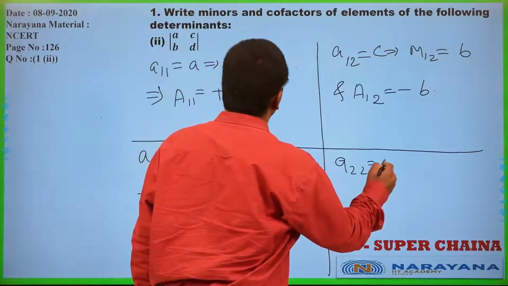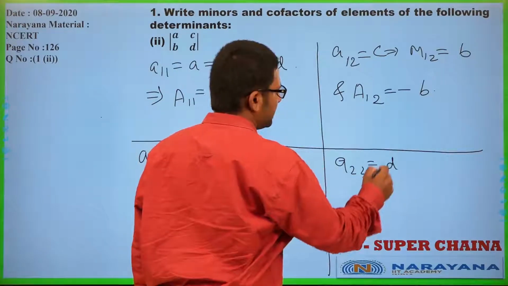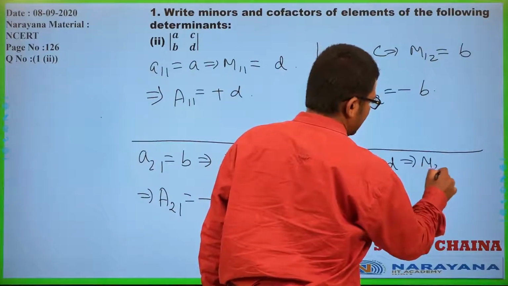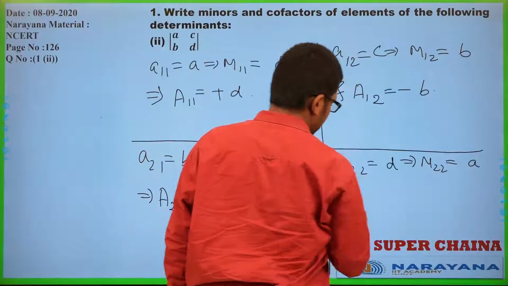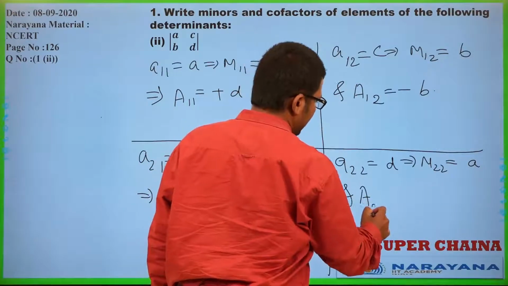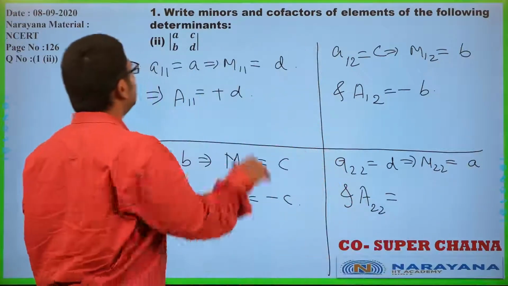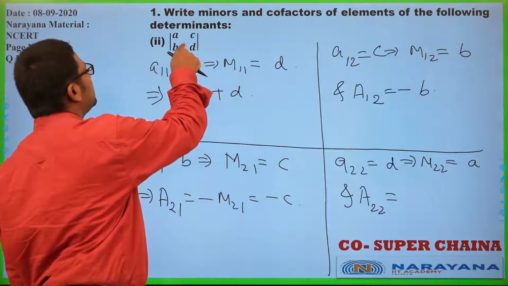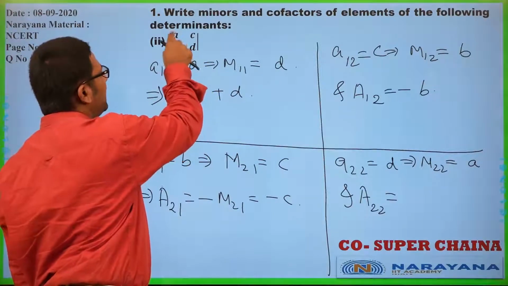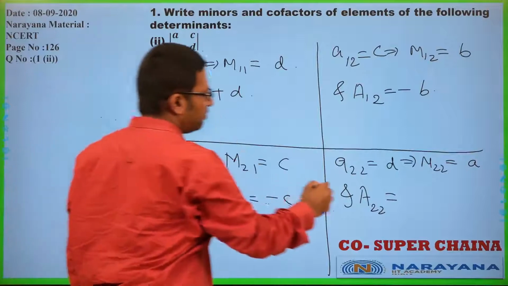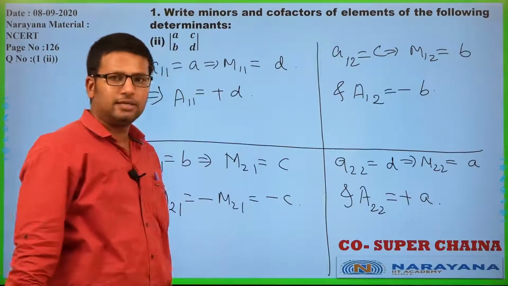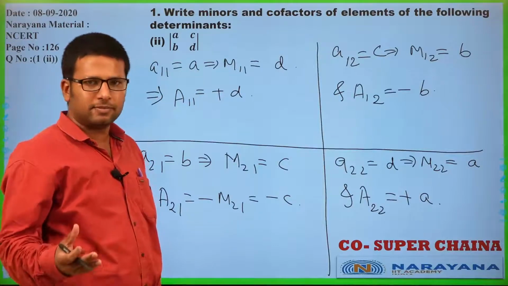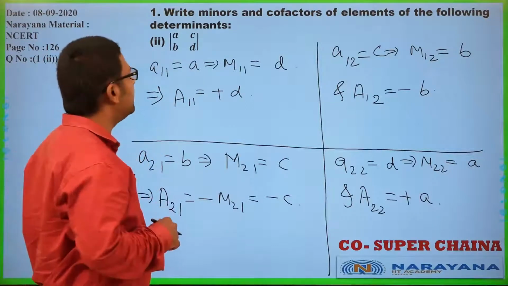A22 is the element D, therefore M22, opposite to D, is A, and capital A22, the cofactor of this element, would be plus minus minus plus, so at this place we have plus A. Got it? By now, I hope you are comfortable. Yeah? Okay. Let us proceed then.